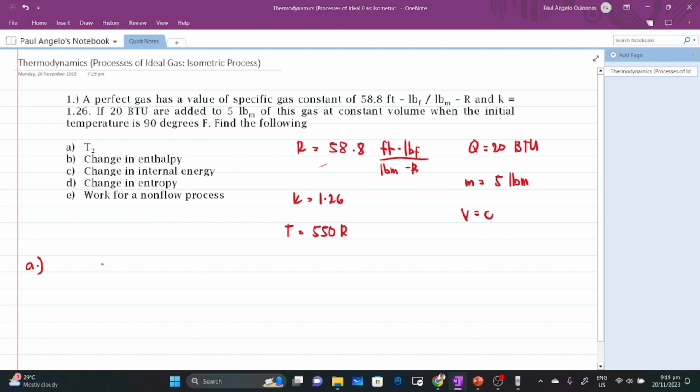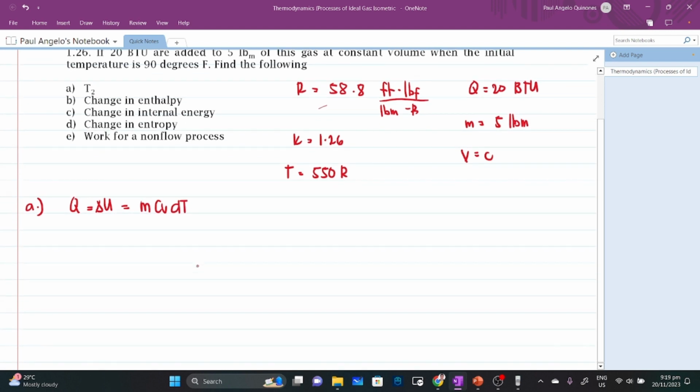We've said that heat, during a constant volume process, is equal to delta U, wherein delta U is given by mCV dT or delta T. If we expand this, we solve this in terms of Q. This is mCV delta T.